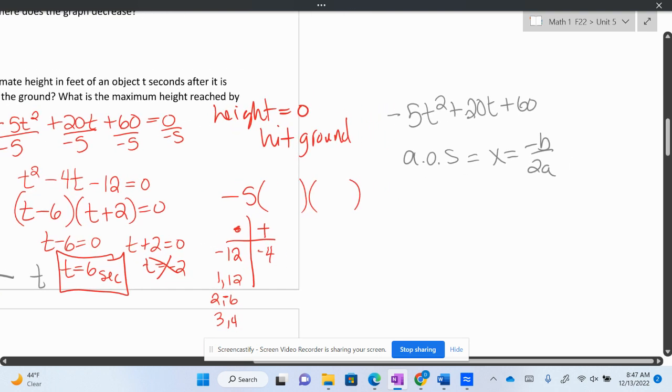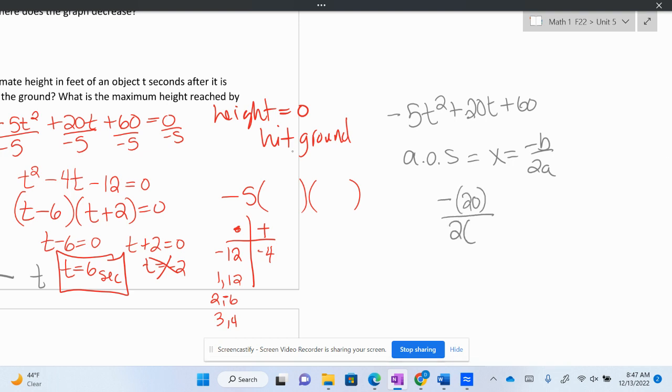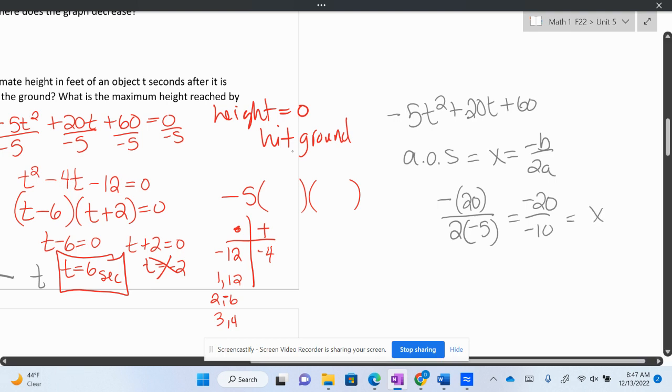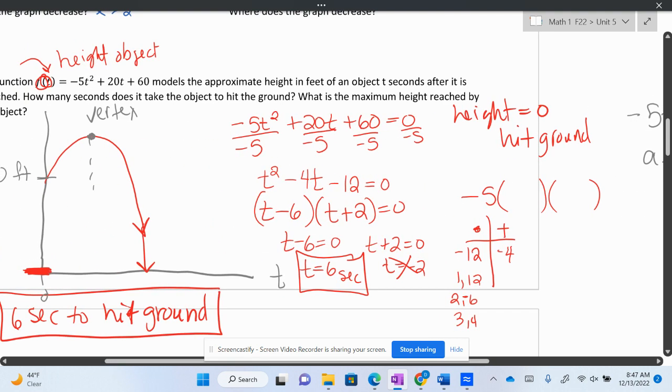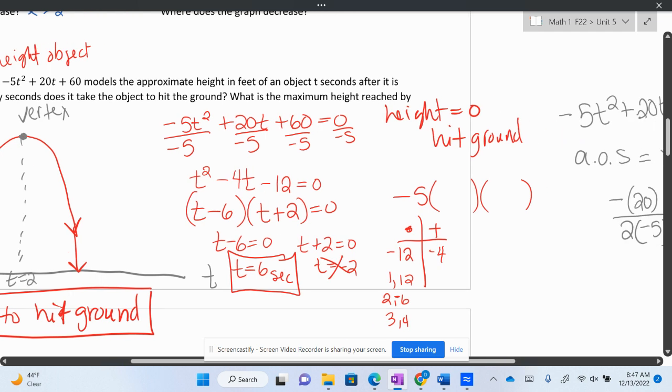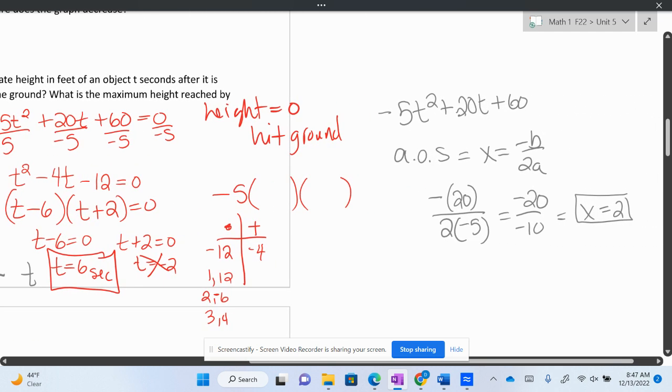So how do I do that? Well, I have -20, b is 20, over 2 times a is -5. So really I have -20 over -10, which means my axis of symmetry is at the line x equals 2. So really it's time 2 seconds, right? Our x is really a t.